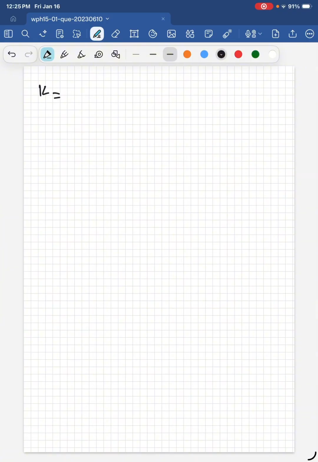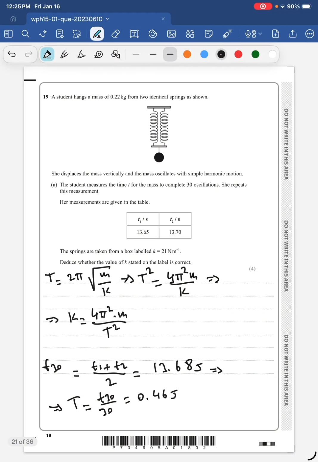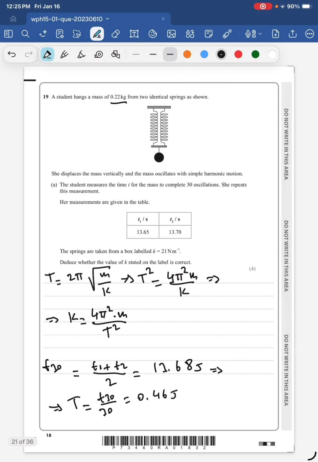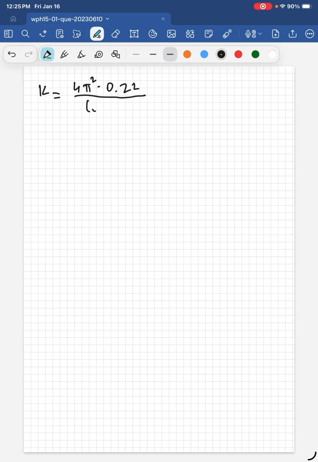So the k is 4 pi squared times the mass, 0.22 kilograms, over the period squared, so 0.46 squared. So we find 41.8 newtons per meter.